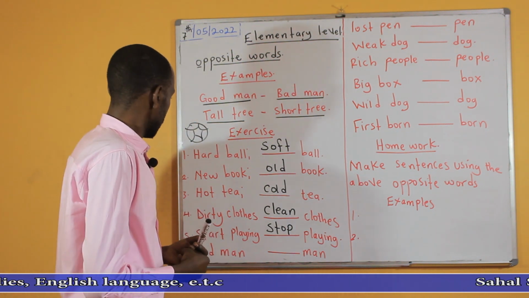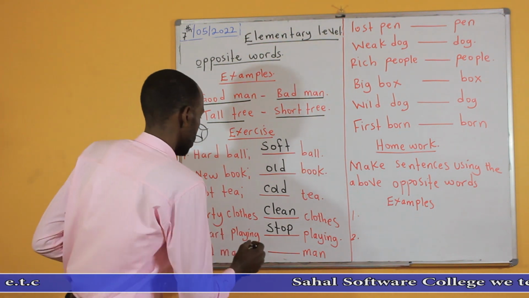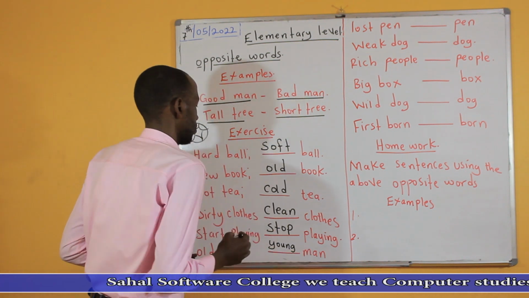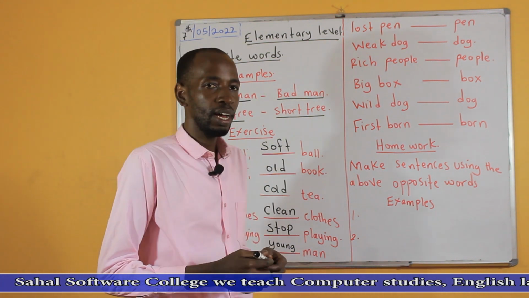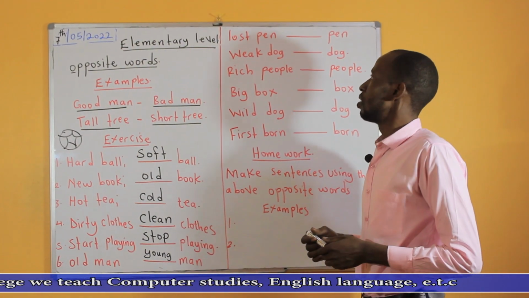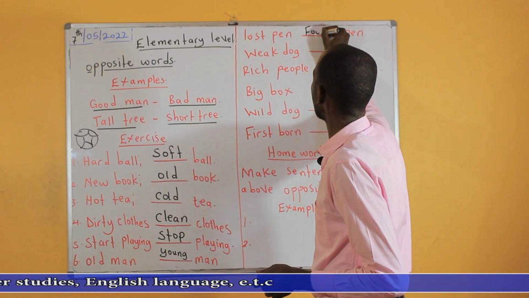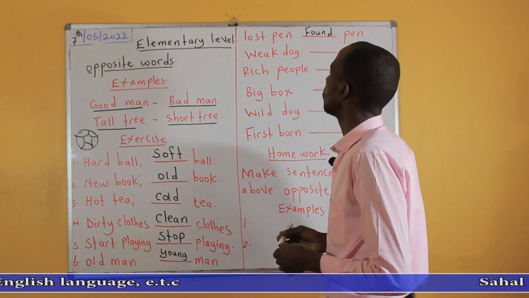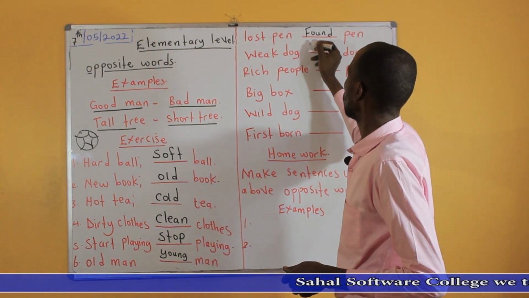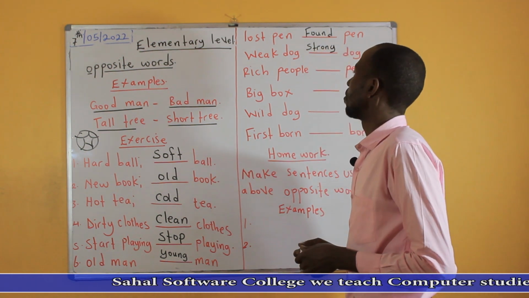Old man, young man. Lost pen, found pen. Weak dog, strong dog. Okay?